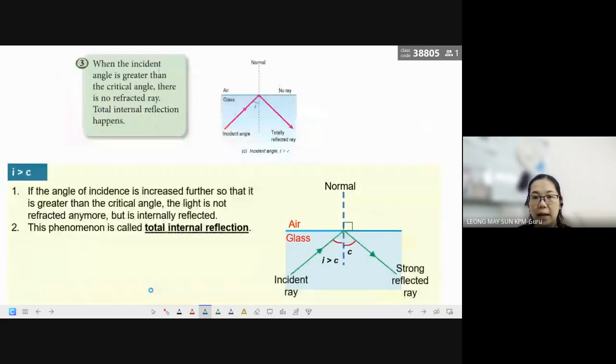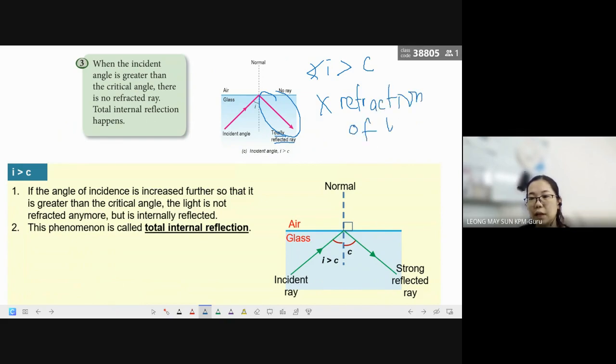Then, if the incident angle continues to increase to more than the critical angle value, it is going to be total internal reflection. The ray will be totally reflected back. There is no longer refraction happening here. There's no refraction of light anymore. This is when the incident angle is greater than the critical angle, so total internal reflection happens here.